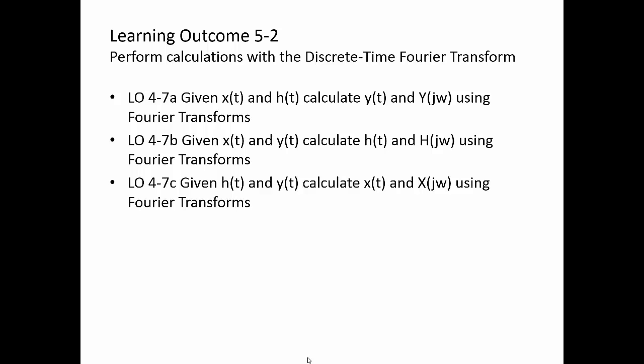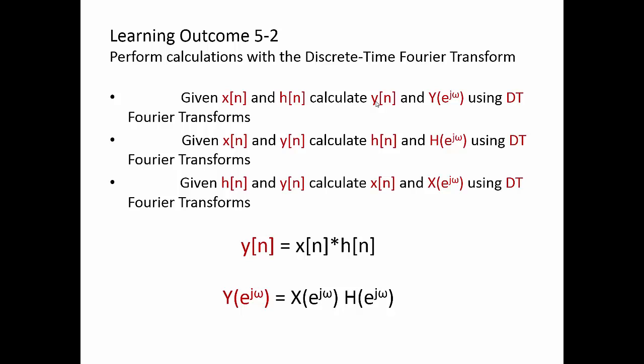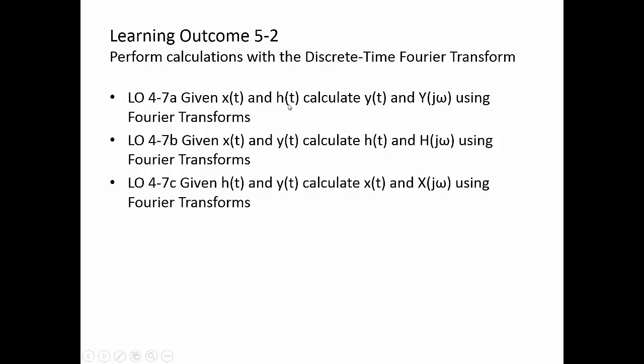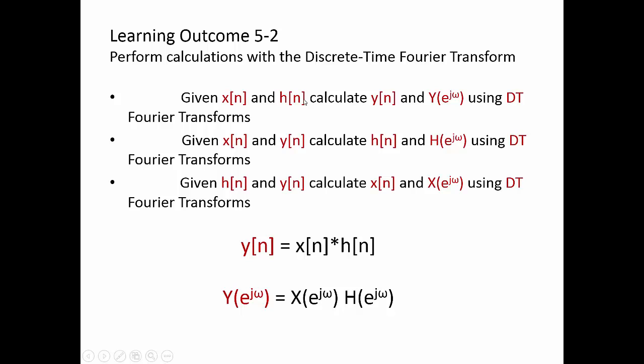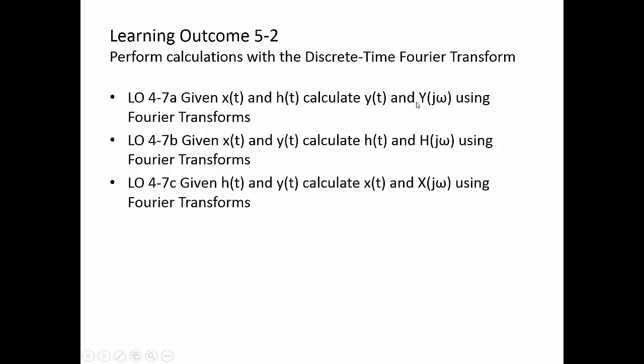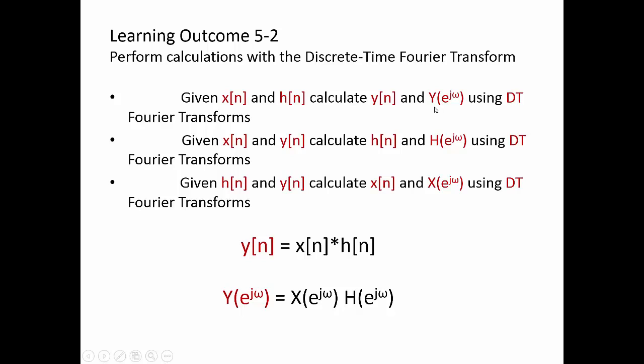Okay, finally, chapter 4, you had learning outcome 4.7, which was 3 parts. Given 2 things, calculate a third using the Fourier transform. Well, we've got the same thing here, but instead of x of t, h of t, y of t, we have x of n, h of n, y of n. And instead of y of j omega, we have y of e to the j omega.